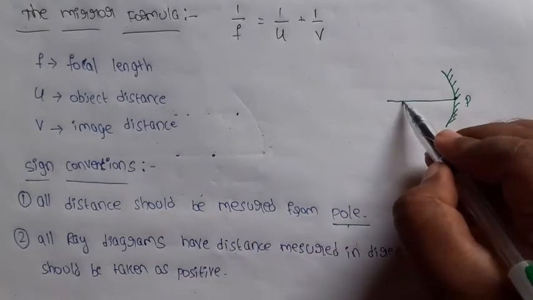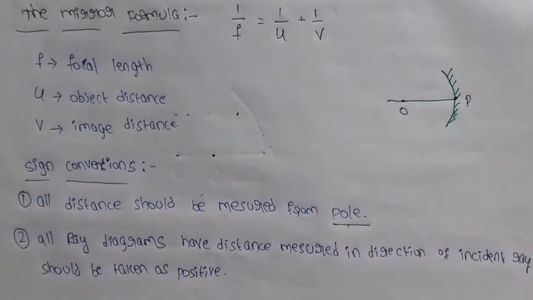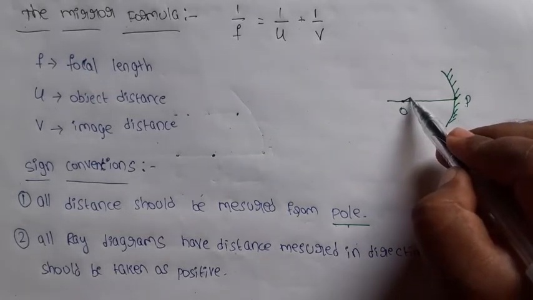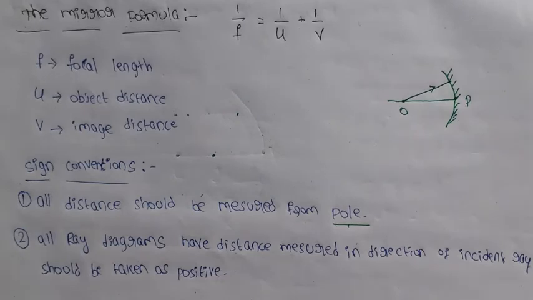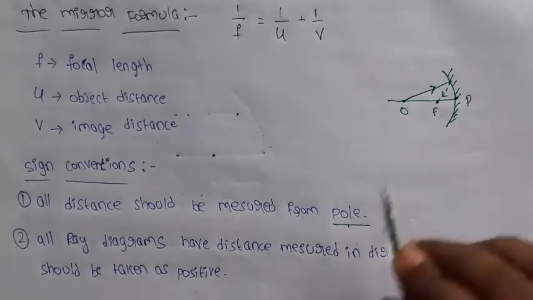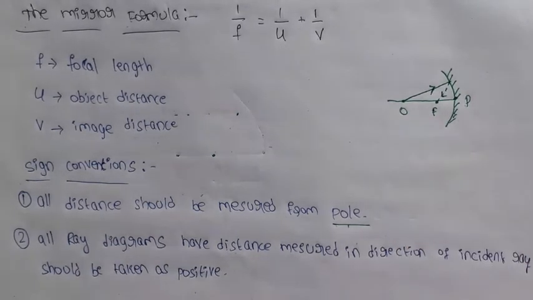Okay, this is the object point, this is the incident ray, this is the reflected ray, this is the principal focus. All ray diagrams have distance measured in the direction of incident ray. So all distances measured in the direction of incident ray should be taken as positive.